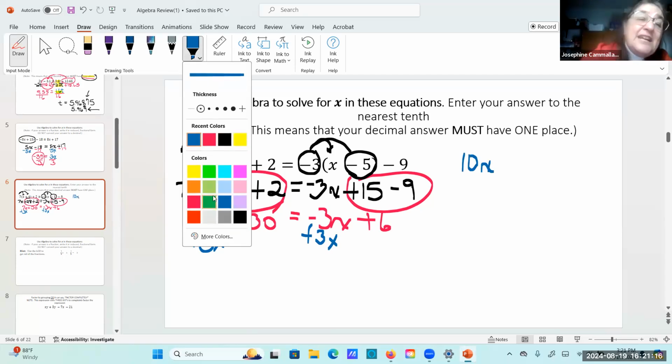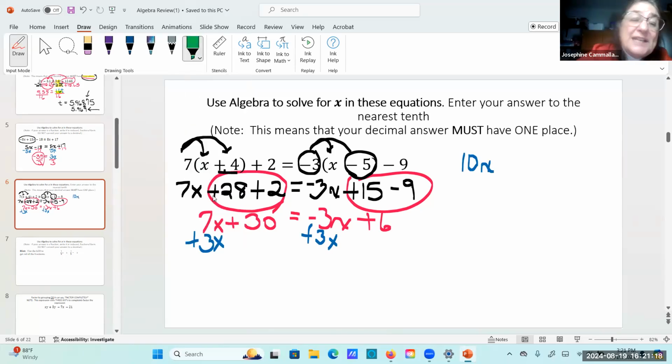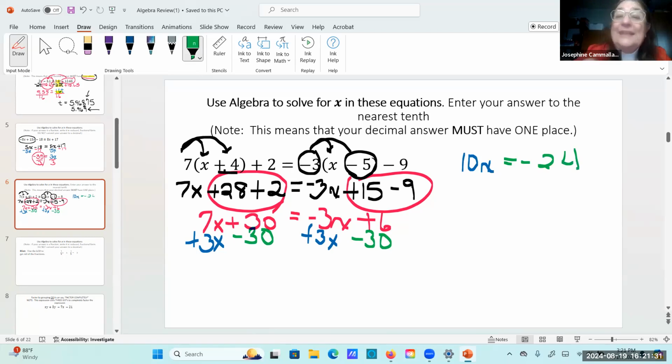But then I am going to subtract 30 from both sides, which is going to give me a negative 24. Now, right here, enter your answer as the nearest 10th.